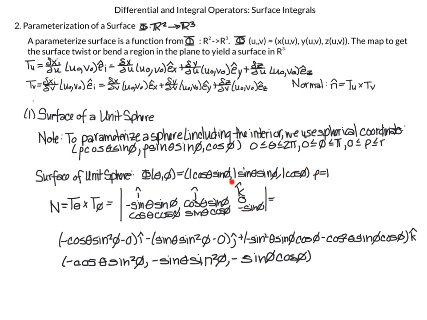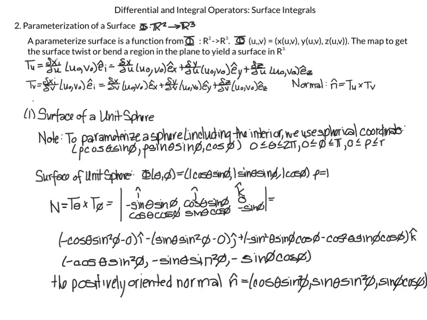I do the determinant calculation here, and I get this as my final answer: minus cosine theta sine squared phi, minus sine theta sine squared phi, and minus sine phi cosine phi. And then as we were talking about, the positively oriented surface normal is cosine theta sine squared phi, sine theta sine squared phi, and sine phi cosine phi.